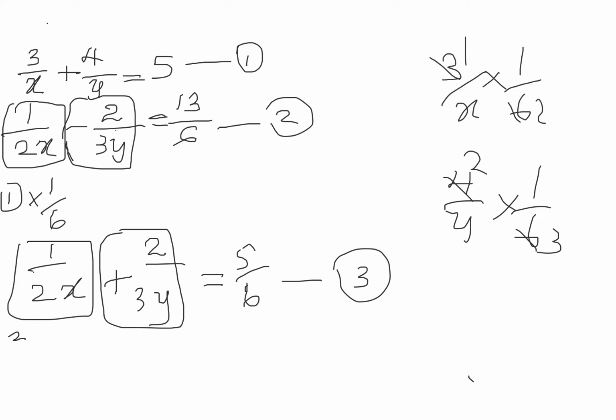I add 2 and 3, right? So when we add these two and these two, we can cancel. On the other side, the x value: 1/2x plus 1/2x, when we add that, is 2/2x, no?